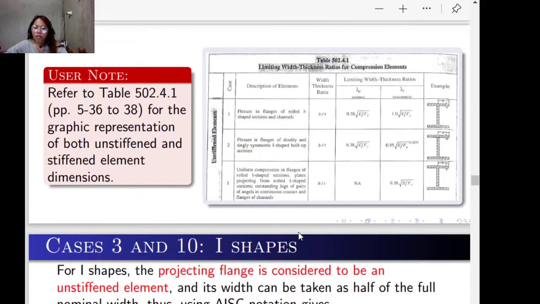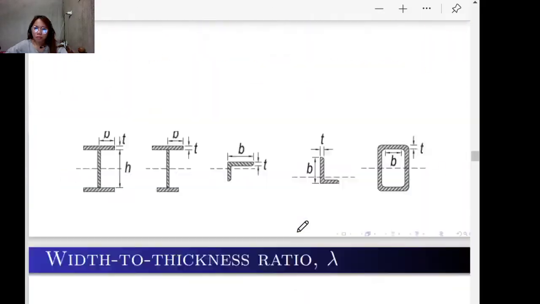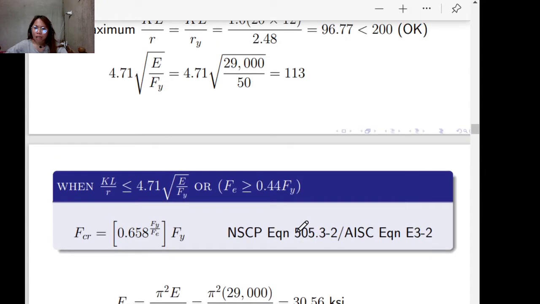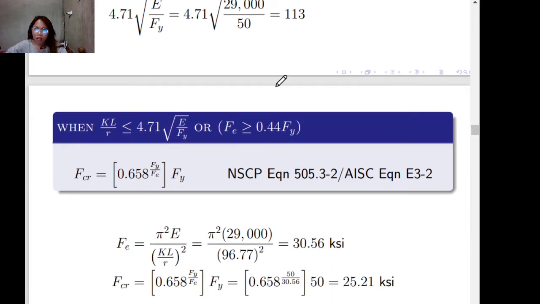Okay, let me go back for that. Yes, this one. Equation E3-2 is used when KL over R is less than or equal to 4.71 square root of E over Fy. This is given in the code. Use this Fcr, the critical buckling stress, equal to 0.658 raised to Fy over Fe times Fy.